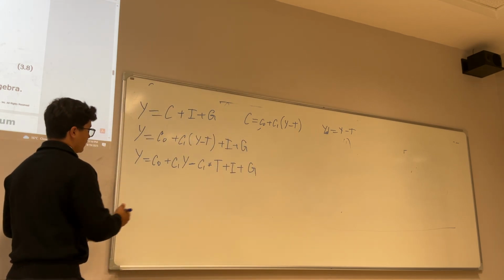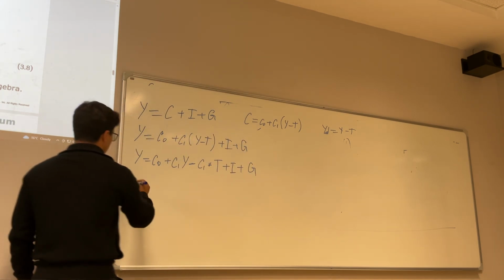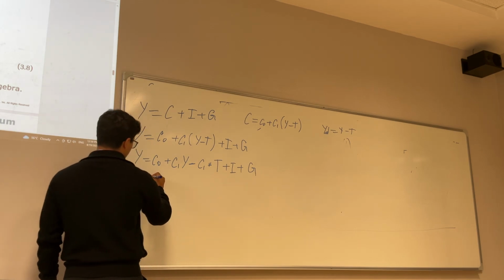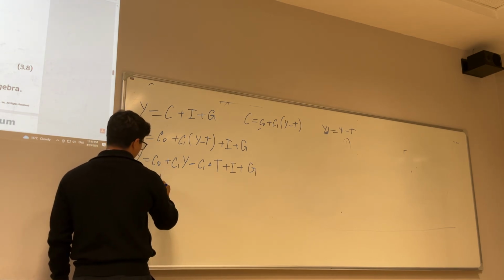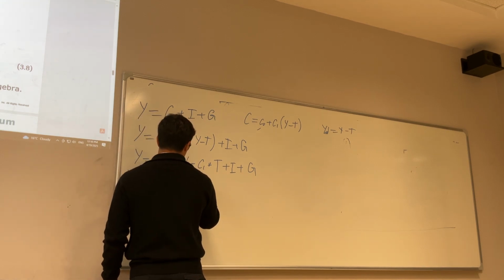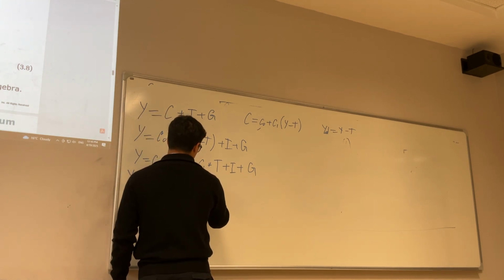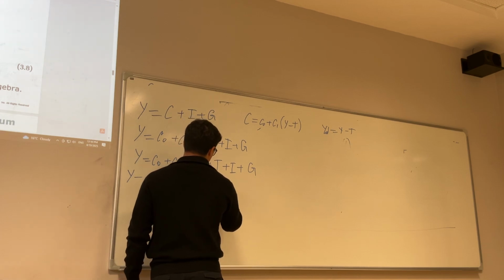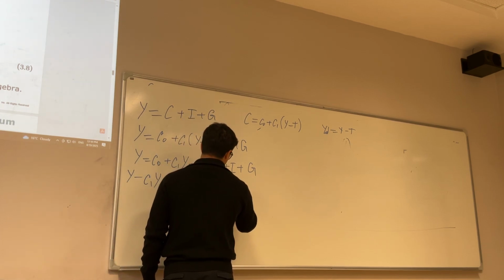Now let's take the Y's to one side. So it's going to be like this. Y minus C1 multiplied by Y equals C0 minus C1 multiplied by T plus investment plus government spending.